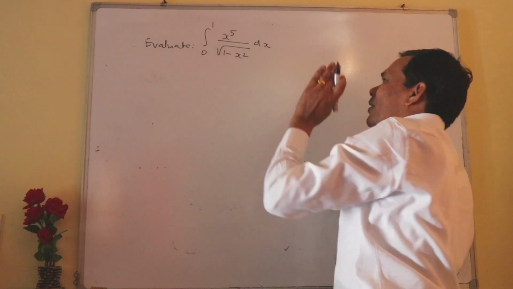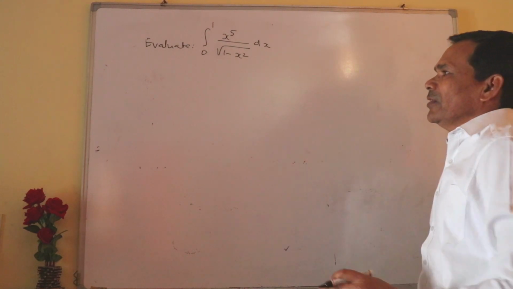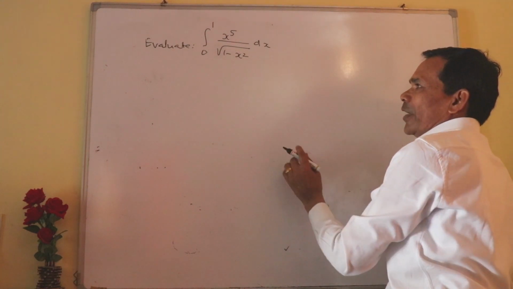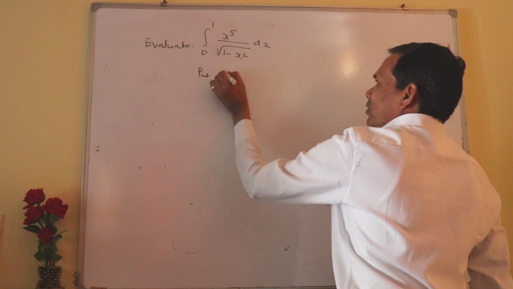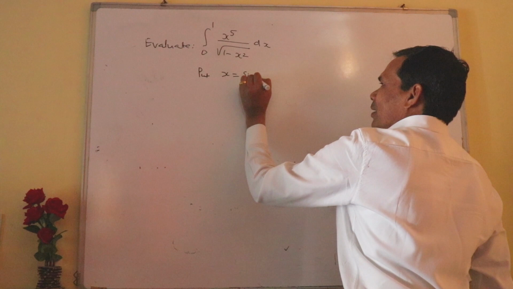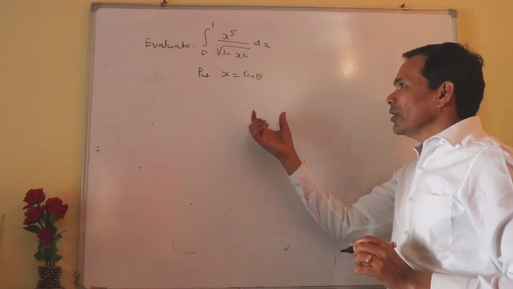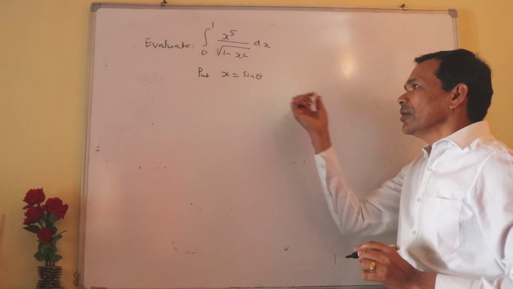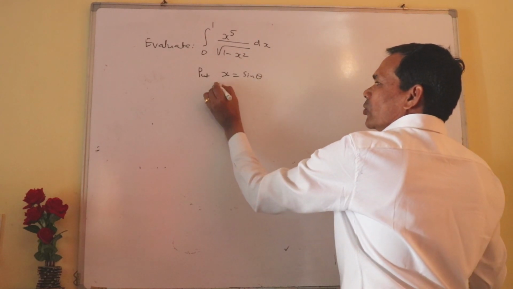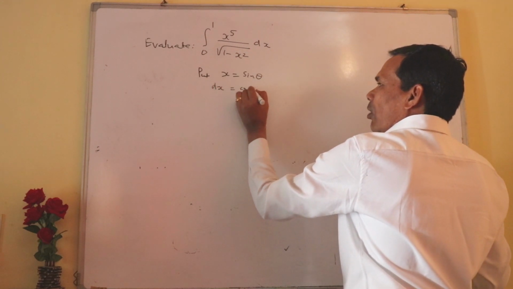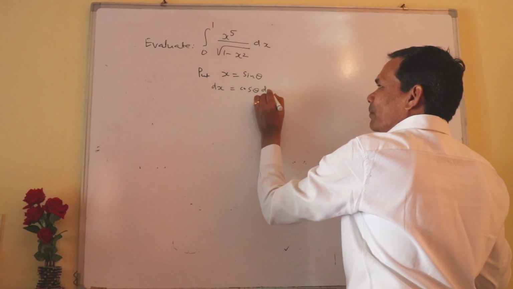Naturally, since it is 1 minus x square, we use the substitution x is equal to sine theta, because 1 minus sine square is cos square. If it is plus, then it is a tan substitution. So dx is equal to cos theta d theta.